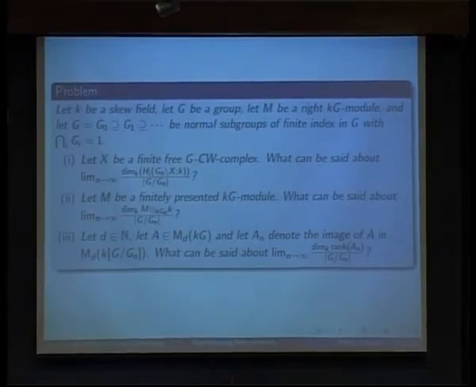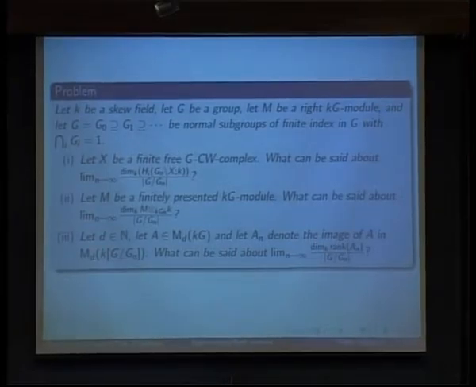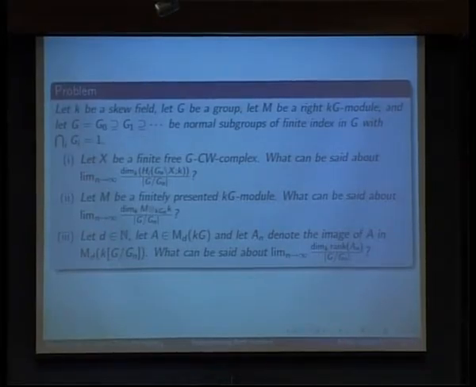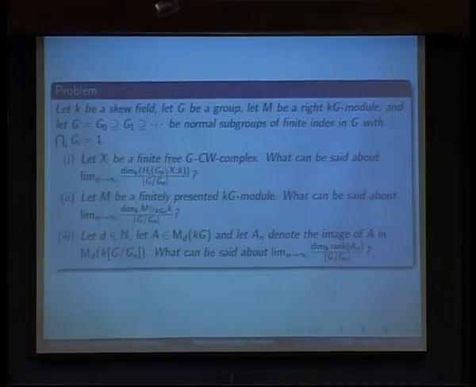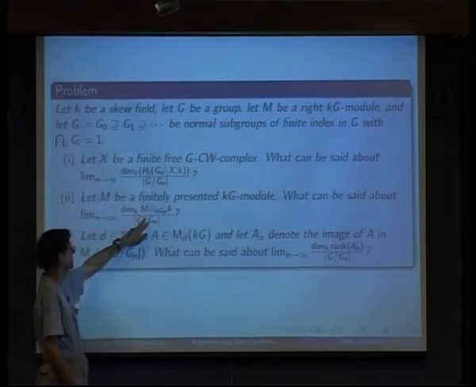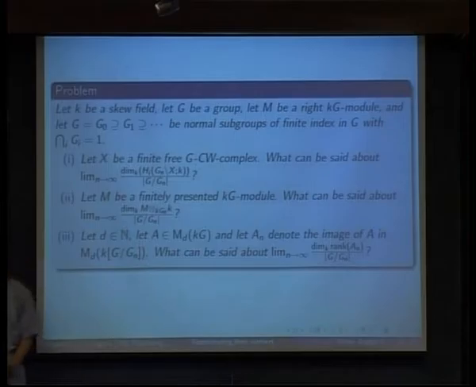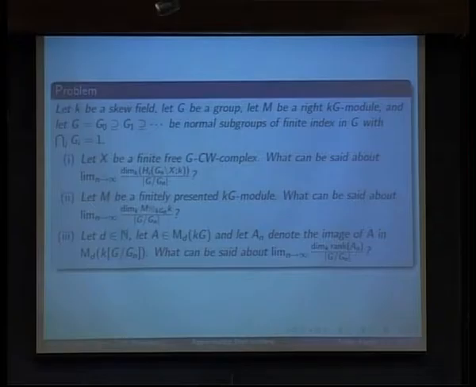Then you could ask, if X is a finite free G-CW complex, what can be said about the limit of the dimensions of those homology groups, normalized, where you divide by the order of G over G_n? Or if M is a finitely presented KG module, what can be said about the limit of the quotient of these dimensions, where these are successive quotients of M, as you keep modding out by the action of G_n? What can be said about that?